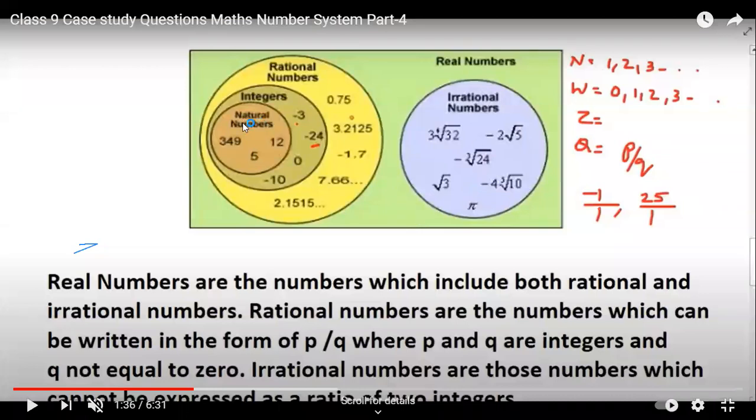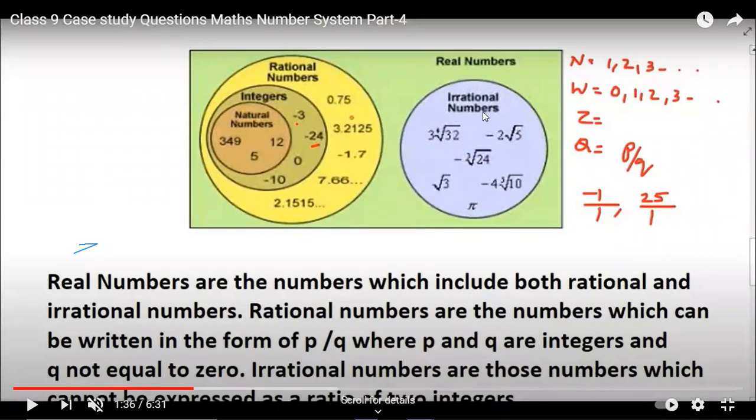Now in this, you are given the list of natural numbers and integers, and they combined make your rational numbers. This is one system, and another is your irrational numbers. Rational and irrational together make your bigger system, that is your real number system. So real numbers contain rational numbers as well as irrational numbers.